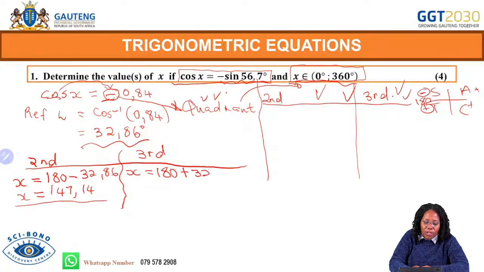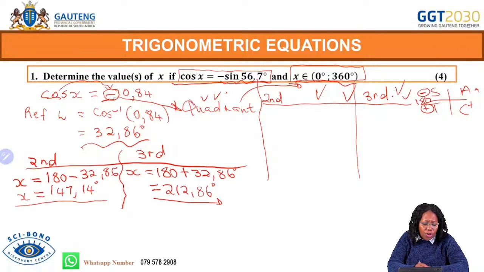Reference angle, 32,86 degrees. And then this is giving us how much, grade 12? 212,86 degrees. That is our angle in quadrant 3. You must also check your values, grade 12. 147, yes, is in quadrant 2.